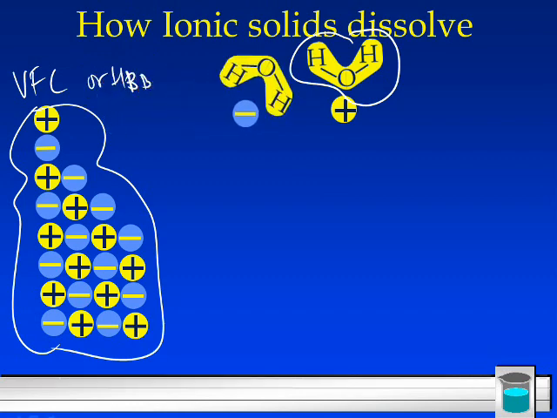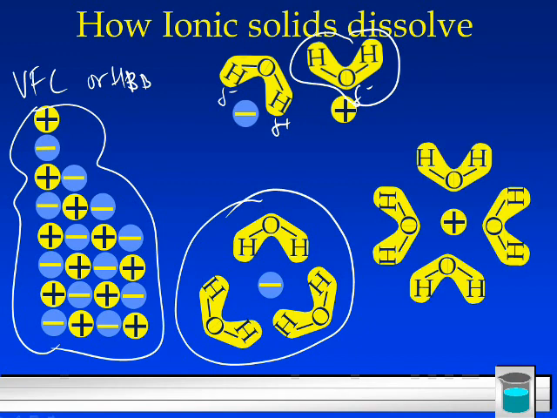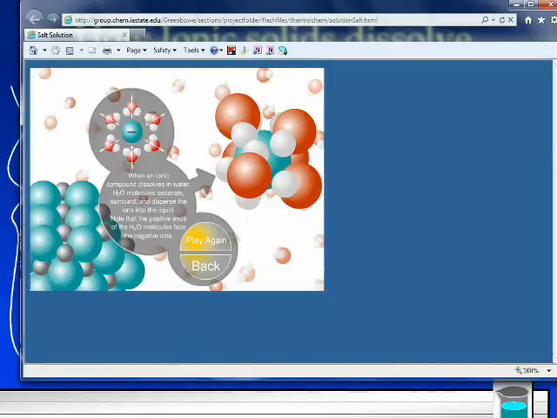And they come take him away because of that attraction. Hydrogen has a partial plus charge. Here, oxygen has a negative charge. And a whole group surrounds David. Another group will surround another one of the HBB or VFC. It could be Brock. Let's take a look at another cool animation.